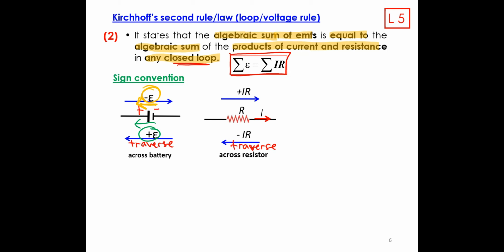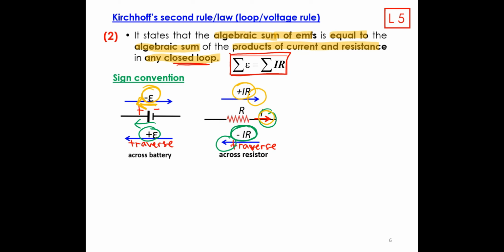If the direction of current is opposite to the traverse, the product of current and resistance becomes negative. If the direction of current is in the same direction as the traverse, the product of IR becomes positive.